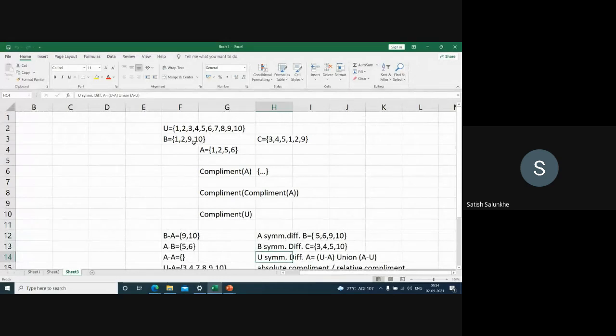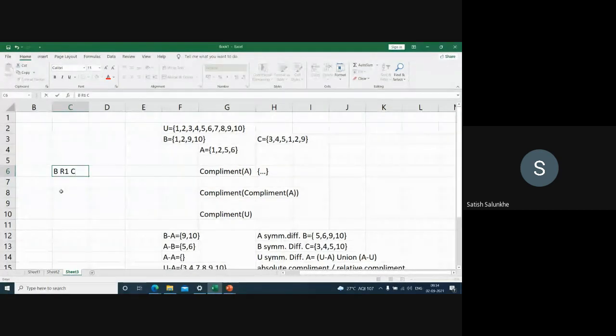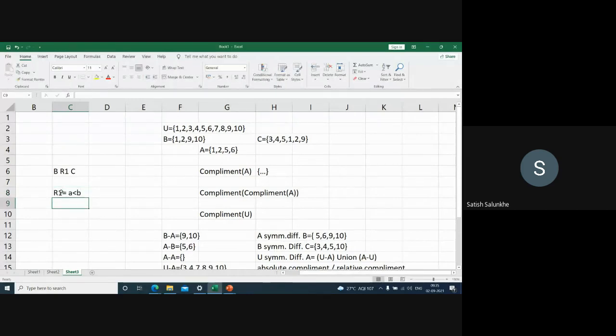Okay. Let me take a relation. Suppose R1 is a relation from B to C, and R1 is a relation such that, let us say, A is less than B. Let us say this is the relation.